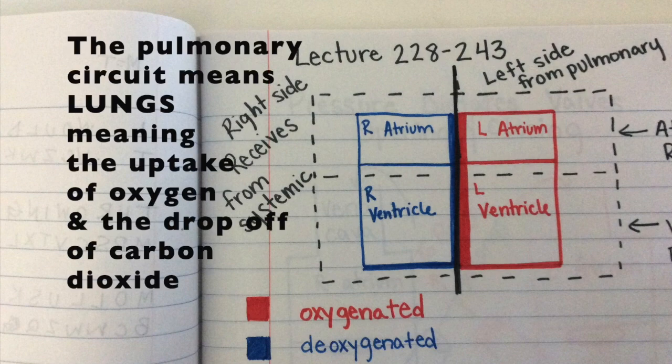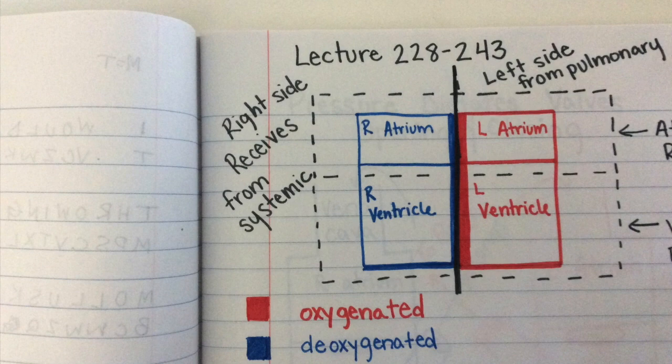Once in the lungs, the blood would drop off carbon dioxide and pick up more oxygen. The blood then returns to the heart, specifically to the left atrium, is passed to the left ventricle, and then pushed forward back to the systemic tissue to deliver oxygen and pick up more carbon dioxide.